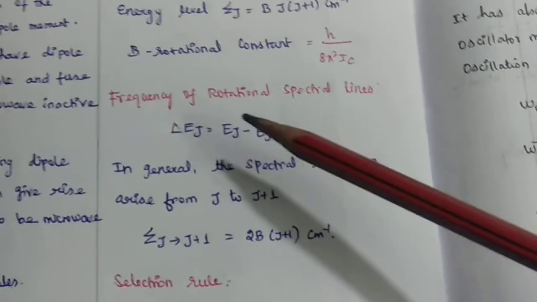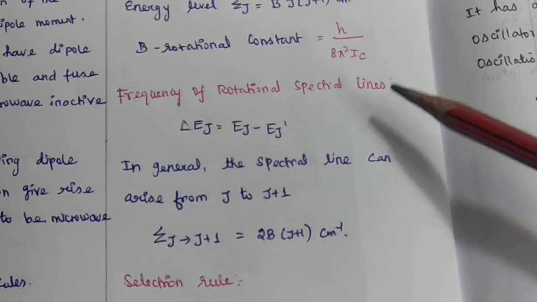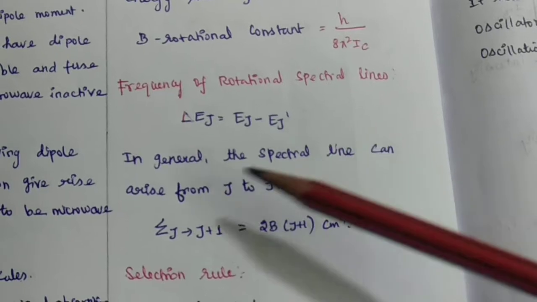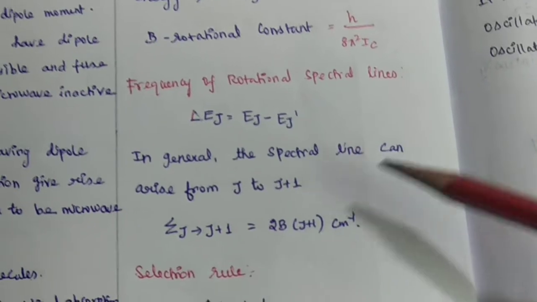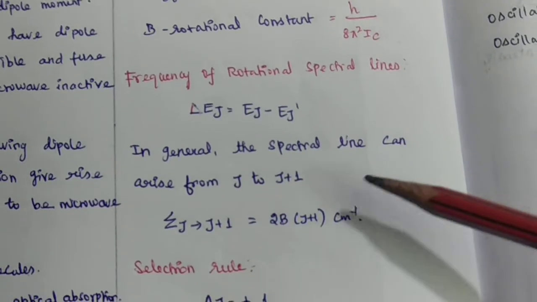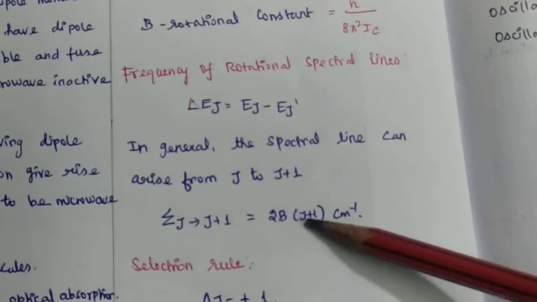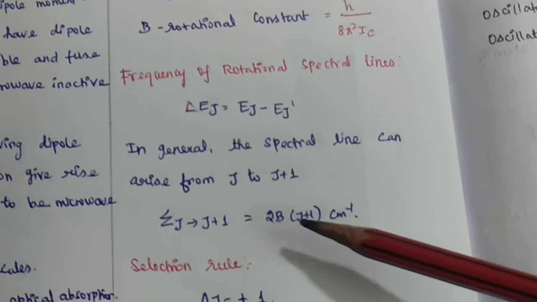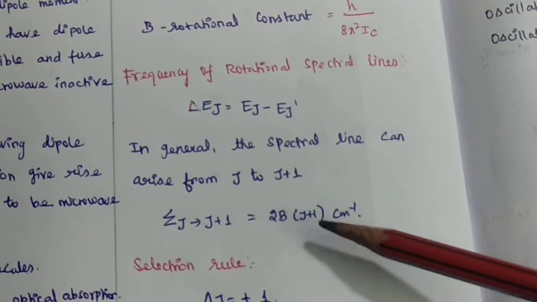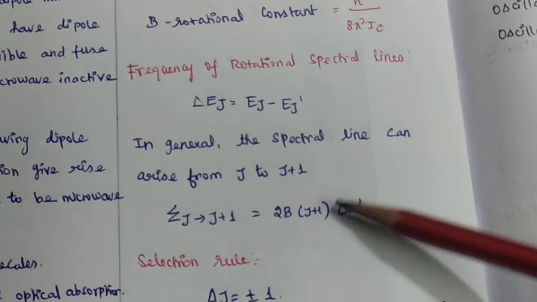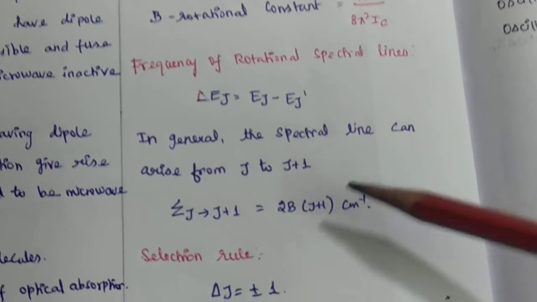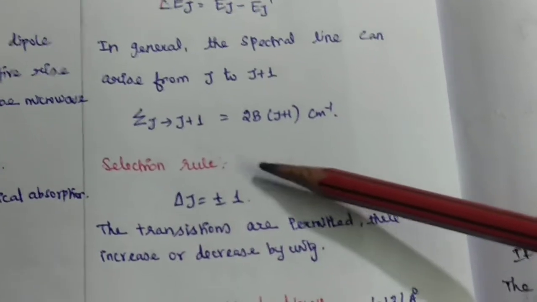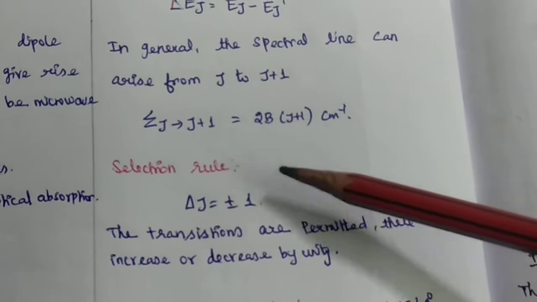So next, the frequency of the rotational spectral line can be written like this. In general, the spectral line can arise from J to J plus 1. So this is the most important. They ask this many times: which one is correct for the frequency of the rotational spectrum line? Then 2B J plus 1. It should vary for a non-rotating rotator like this. So what is the selection rule for rigid diatomic molecules?